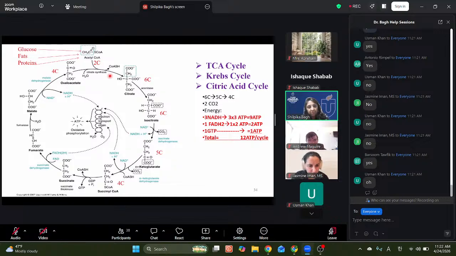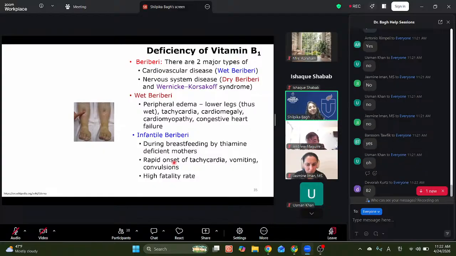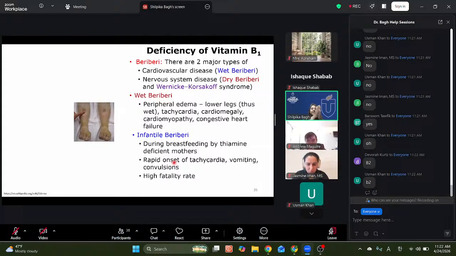Alpha ketoglutarate dehydrogenase shares the same vitamins as PDH, right? Where is this FAD coming from? FAD, FMN, they come from which vitamin? Vitamin B2, right? So the vitamin, their coenzyme form, which enzyme is important, and then the pathway, right?